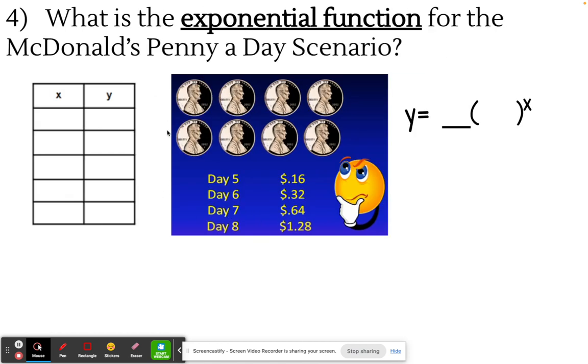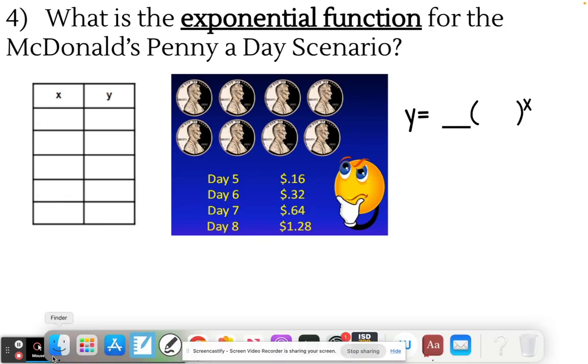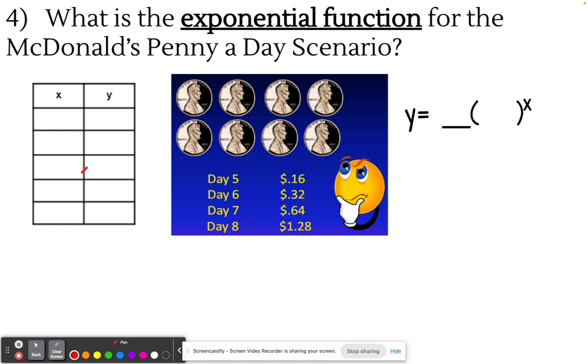And let's talk about the penny problem. We've talked about this in the past. I put 0, 1, 2, 3, 4, 5. The reason I put those other numbers is it will help you when you think about moving backwards.